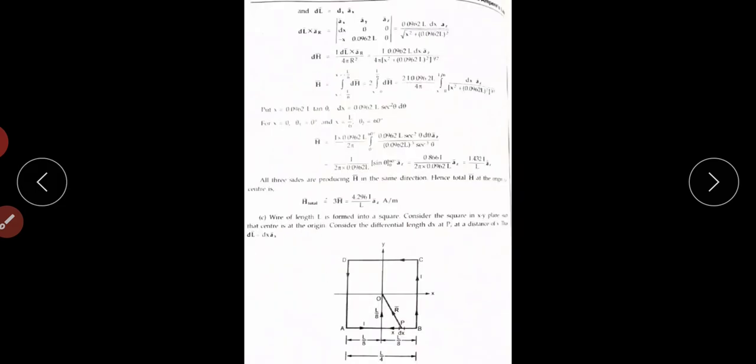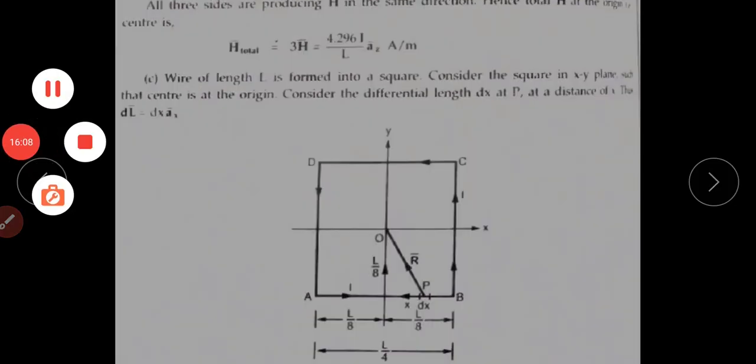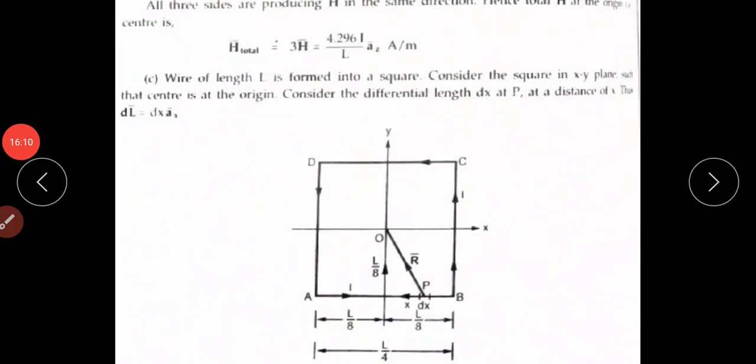So next, find the total magnetic field intensity h bar equals integral dh bar. Here limits are minus L by 2 to plus L by 2. This is the origin point. So this distance equals L by 8 and this distance equals L by 8. Total length equals L by 4.